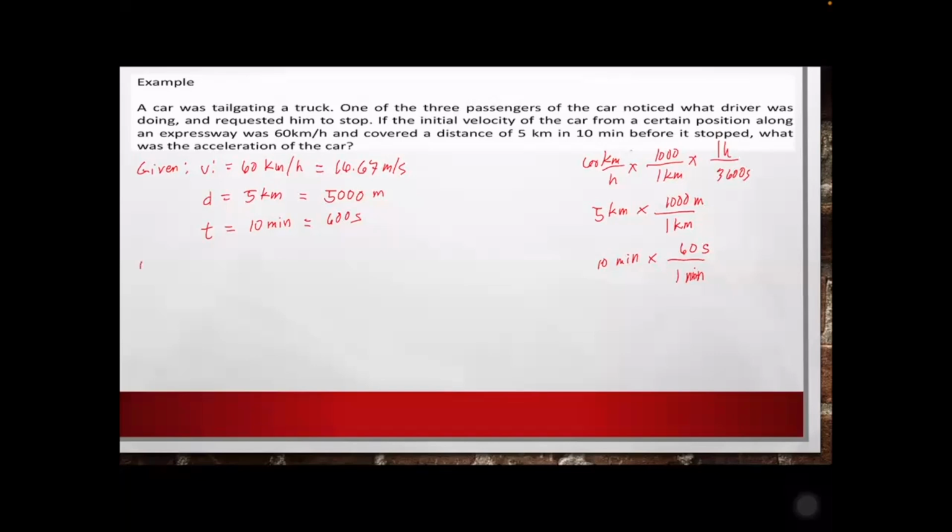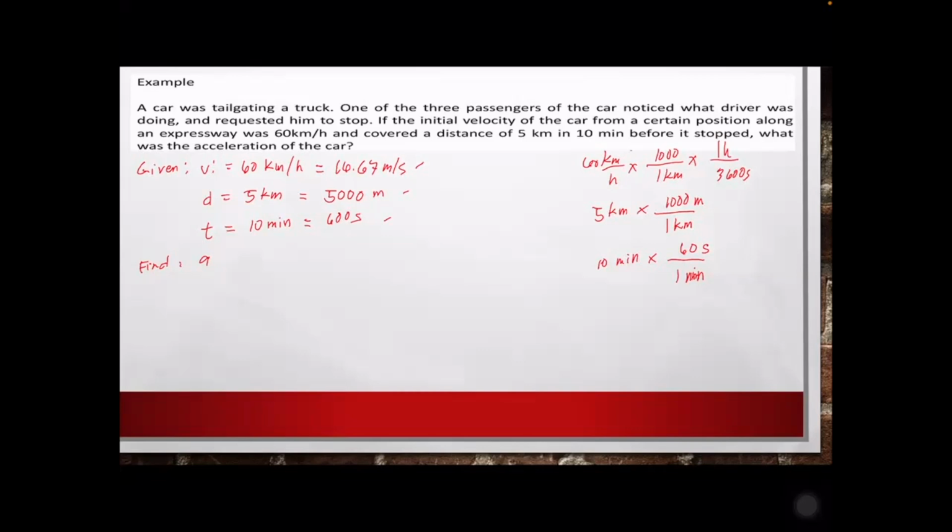So we need to find for a, the acceleration. What is the formula we're going to use? Given ang initial velocity, distance, at time. Kahit wala yung final velocity, kasi the final velocity is considered as 0 kasi mag-stop siya.